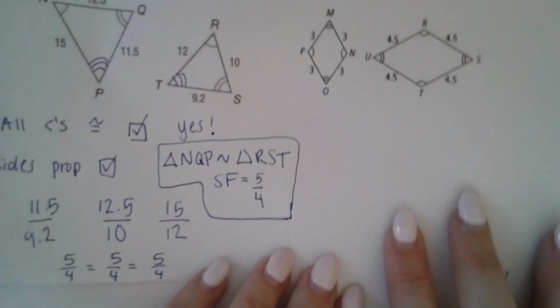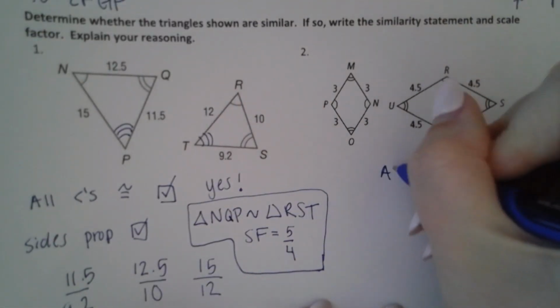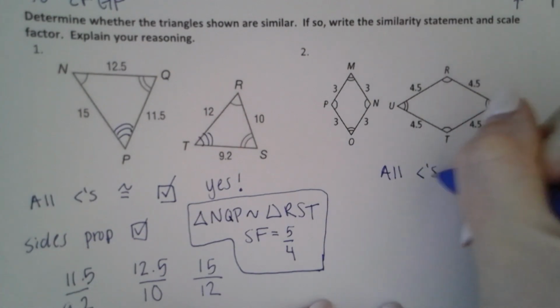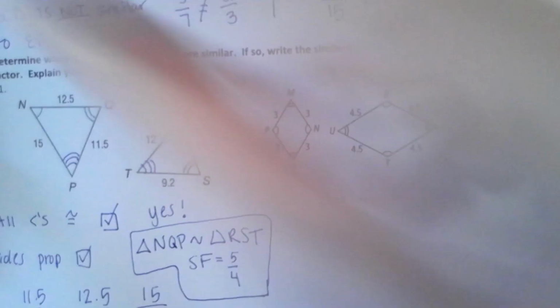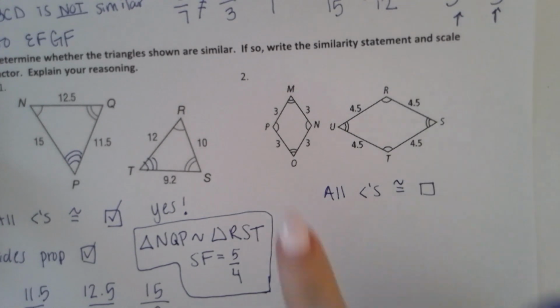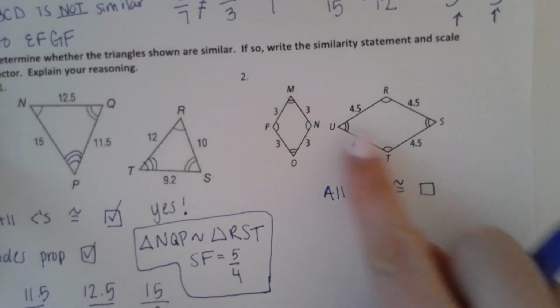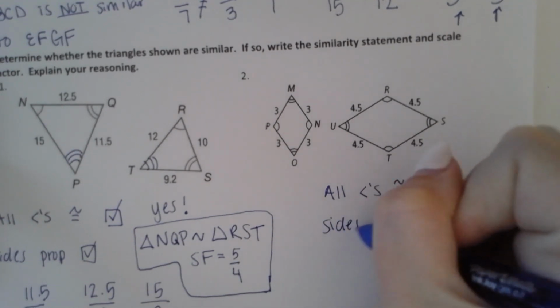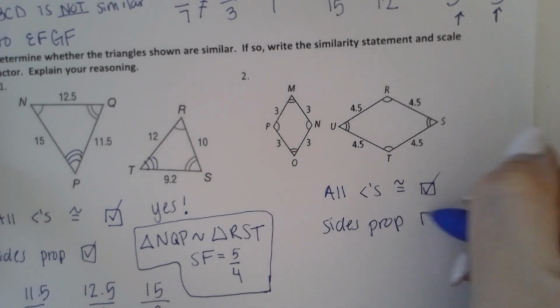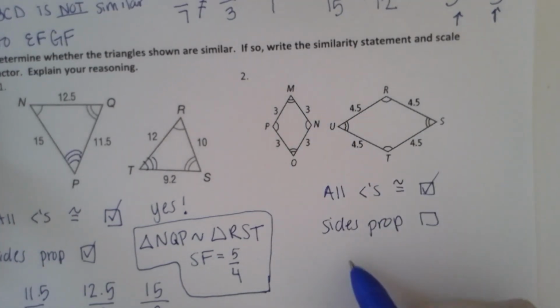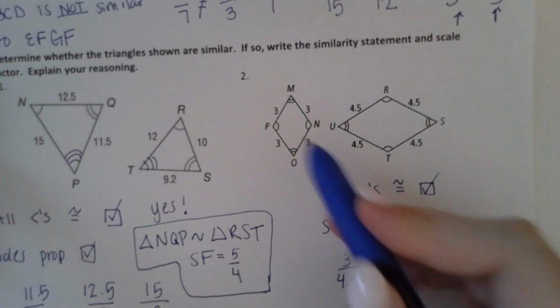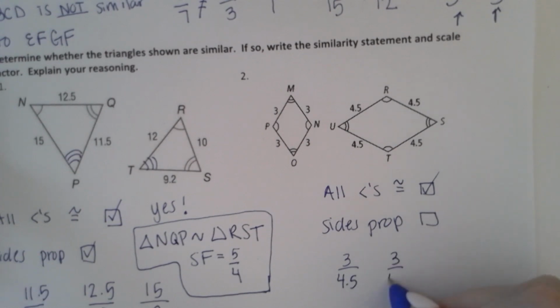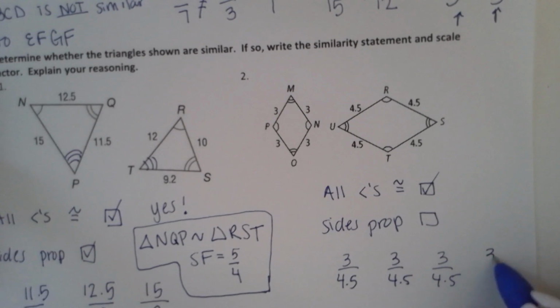Okay, number 2, first thing we have to make sure all of our angles are equal. Well, looks like all of them are equal over here, so yep. Then we have to make sure our sides are proportional. Well, we've got 3 goes with 4.5, 3 goes with 4.5. So that's a good thing.